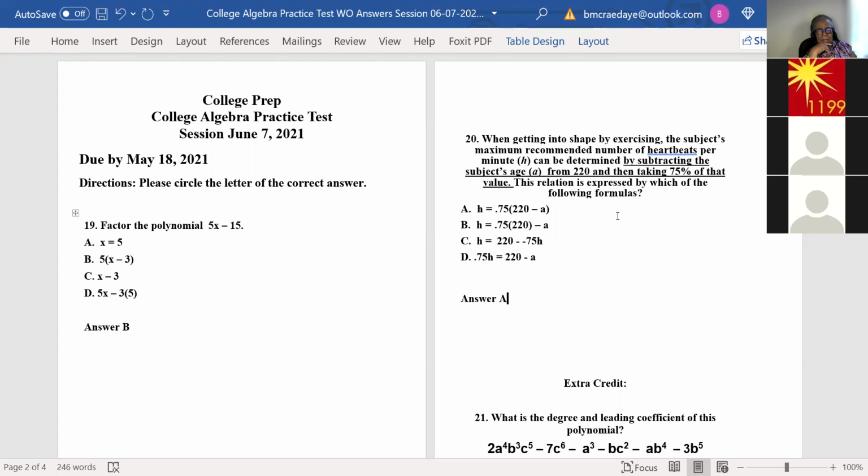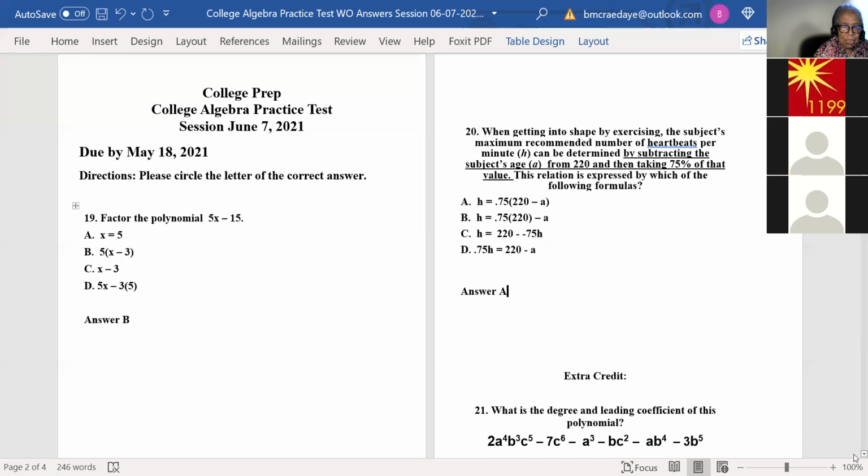Number 20, the heartbeats. My answer was A. Okay, that's correct. Answer A. Subtract the age from 220 and take 75% of that result, that difference. And that means multiplying it by 0.75. We have to convert the 75% to a decimal.